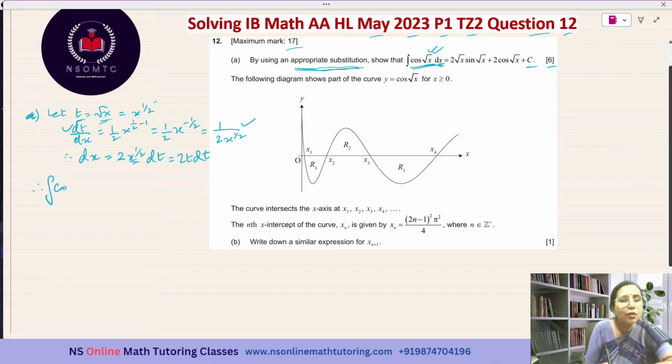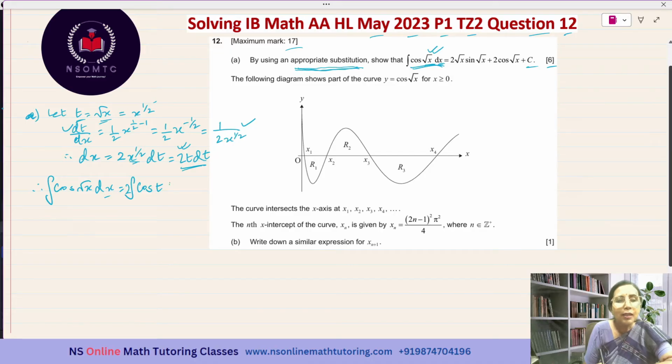Therefore, the integration of cos root x dx is equal to the integration of cos t, and in place of dx I am writing 2t dt. 2 is just a coefficient, so I am taking it outside the integration sign.